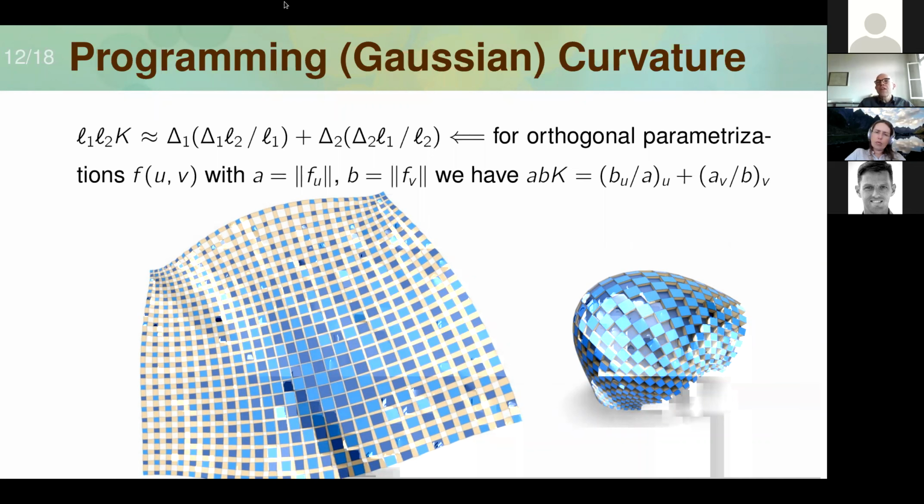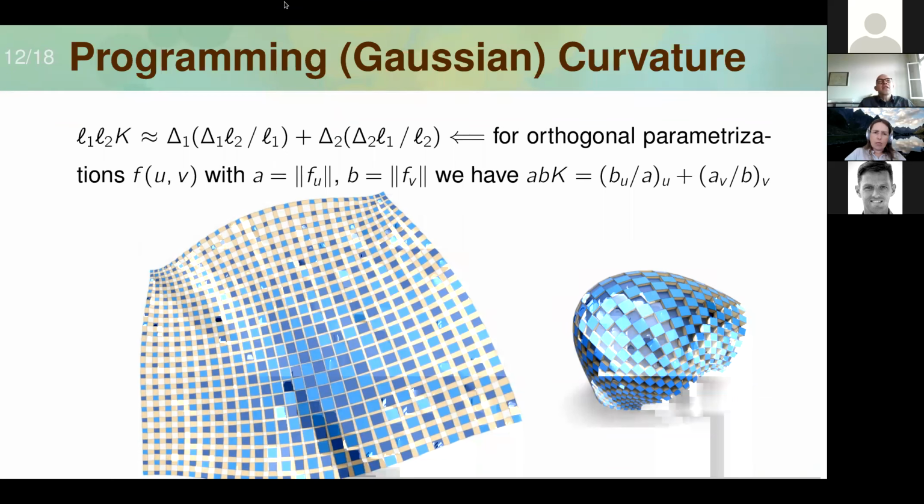It's just that if A and B are the derivatives of the parameter lines, so the speed with which the parameter lines are traversed, we have A B times Gauss curvature is some derivatives of those A's and B's. And of course, the edge length in a discrete version of such a surface can be interpreted as discrete versions of those speeds with which the parameter lines are traversed, and the derivatives just go to finite differences in the one or the other direction.